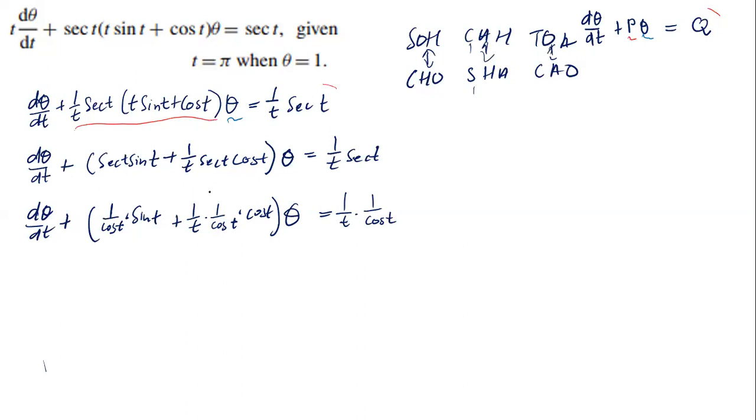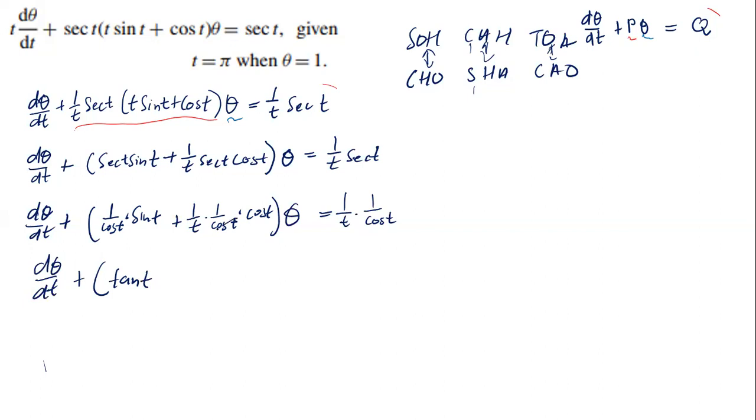Right? Now let us simplify this further. We have d theta over dt plus, what is sine over cos? It is tan. Sine t over cos t is going to be tan t, right?